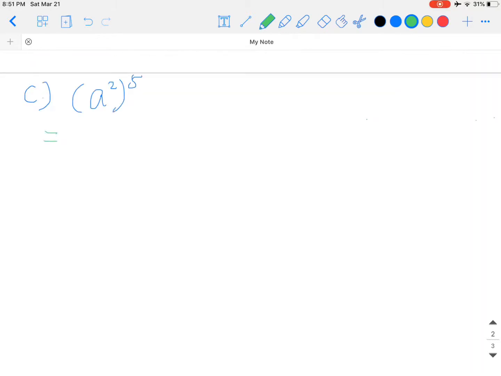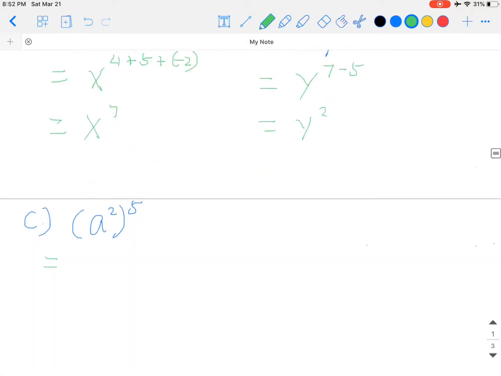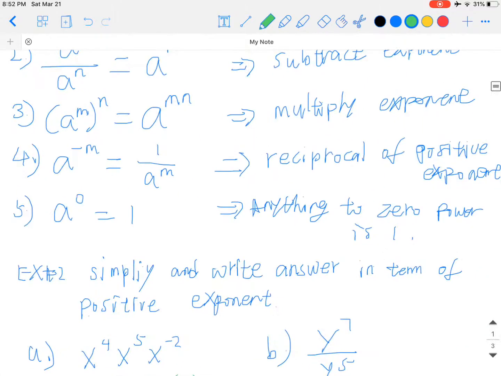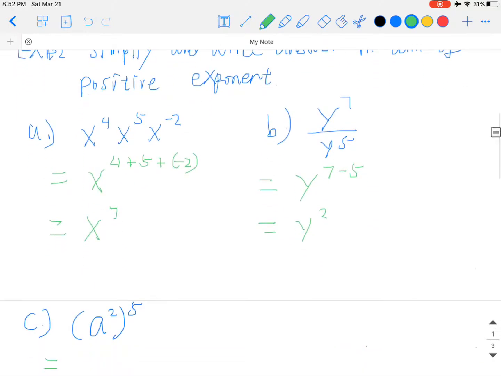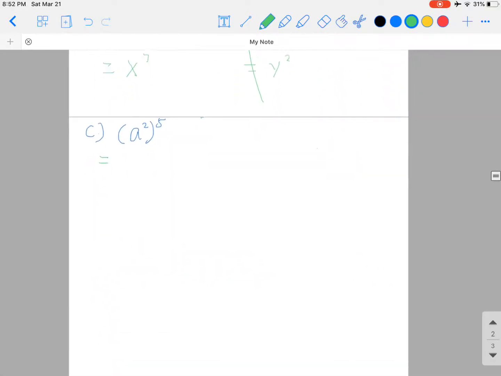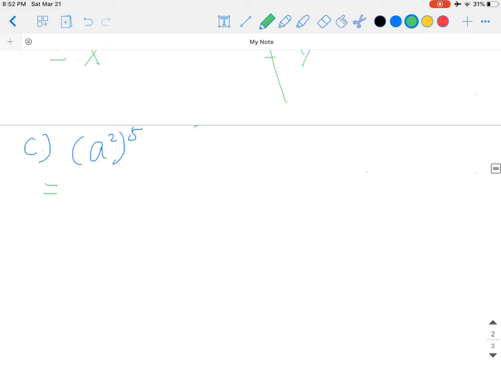Right, for C, we have a squared and then to the 5th power. This comes from rule number 3. a to the m to the n means you multiply the exponents. Therefore, we have a to the 2 times 5 equals a to the 10.